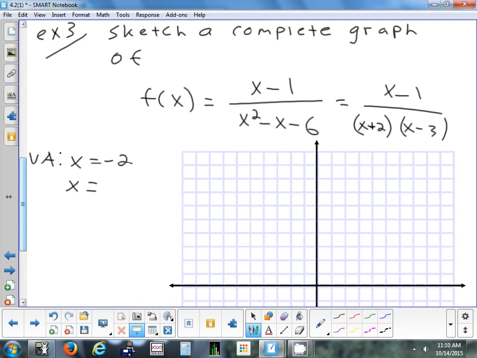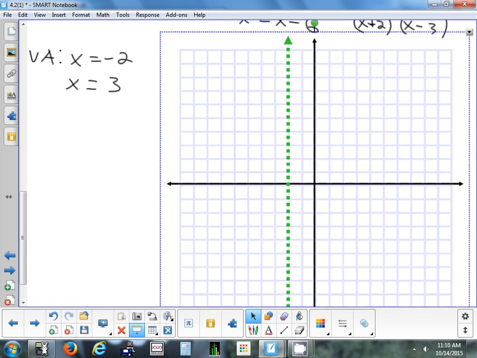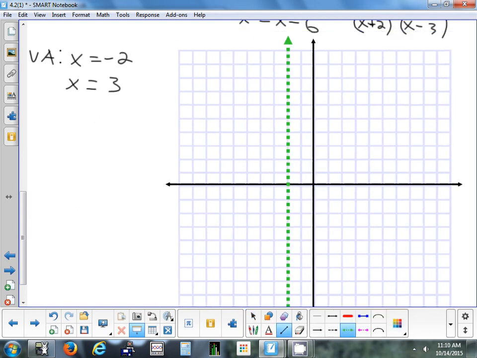Yep. Positive 3. I'm going to draw those on my graph. Vertical asymptote at negative 2, and another vertical asymptote at 3. So there's my vertical asymptotes.